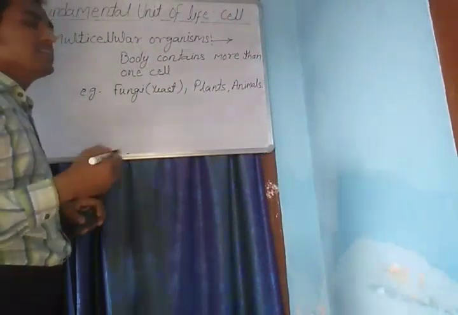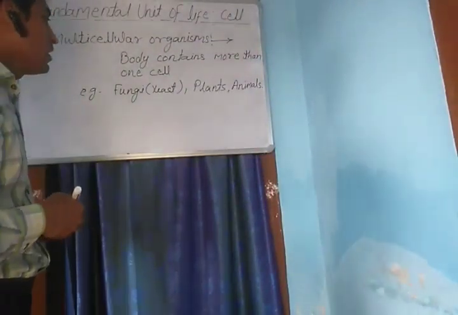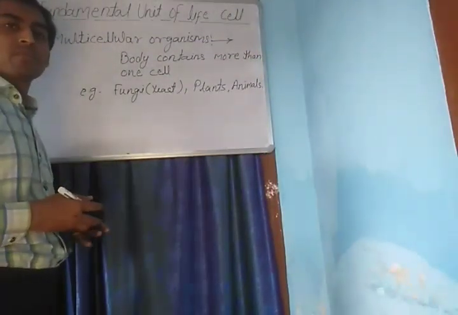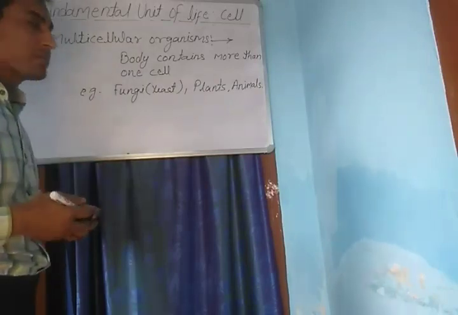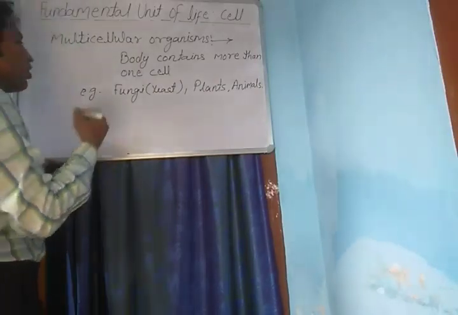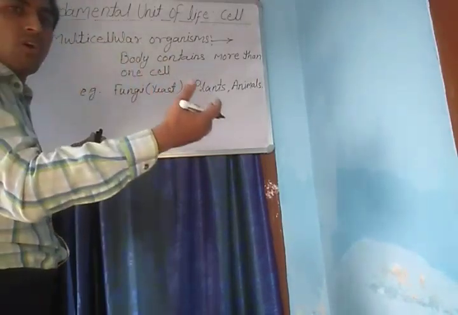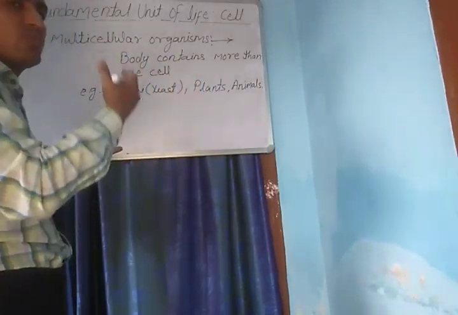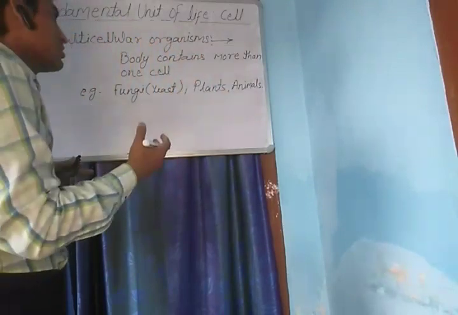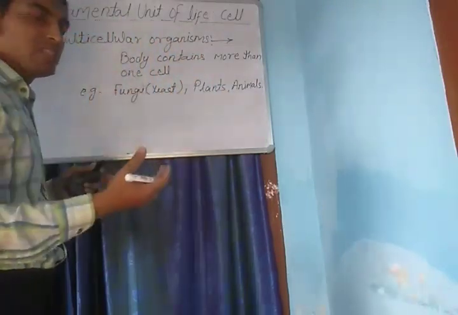In a multicellular organism, cells combine to perform special functions, and they combine to form tissues. Tissues combine to form organs, organs combine to form organ systems, and organ systems represent the organism.